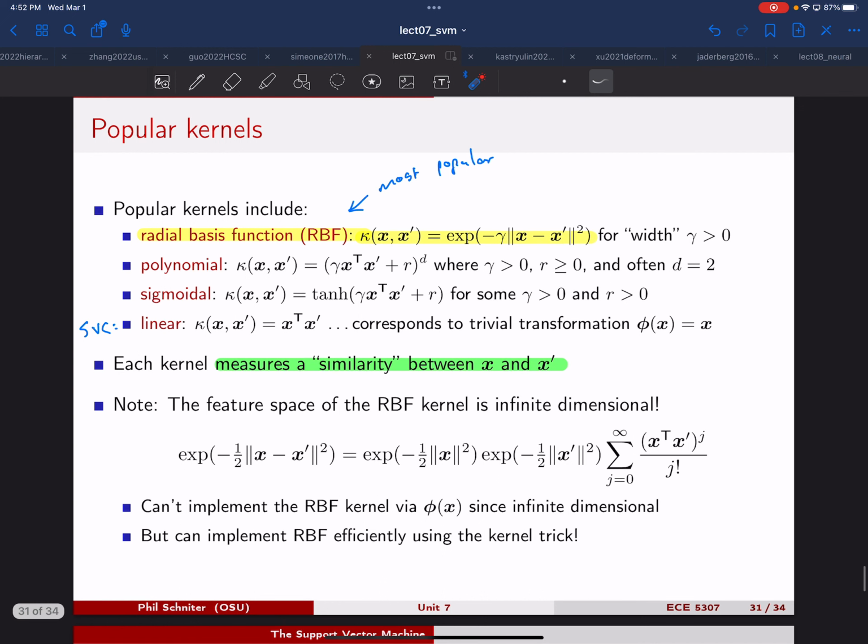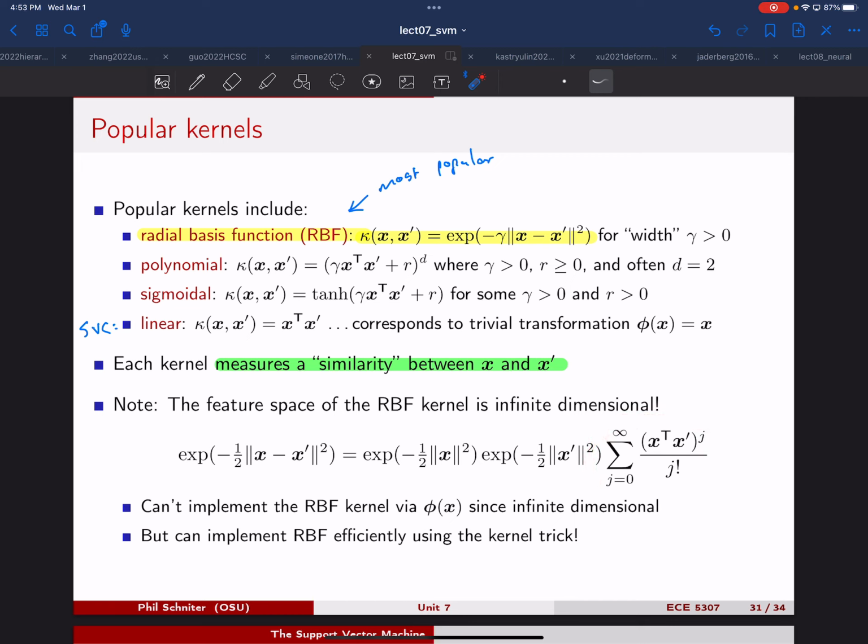Okay, and so the last thing is this. If you tried to figure out what is the phi, the explicit transformation that gives you the radial basis function kernel, it ends up being something that would require an infinite number of dimensions in your feature space. So it's not exactly easy to show that, but one way to think about it is if you do this series expansion of the exponential function, you can see that that involves an infinite number of terms.